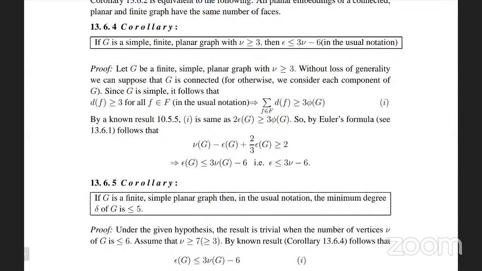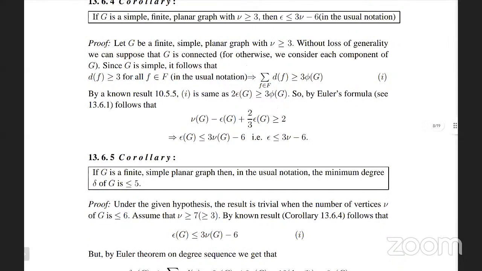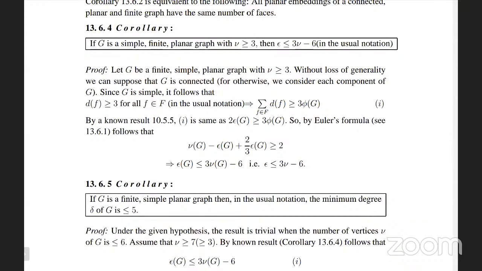Without loss of generality, we can suppose that G is connected. Otherwise, we consider each component of G. Here G is simple, given that it is a planar and finite graph, so vertices are at least 3.